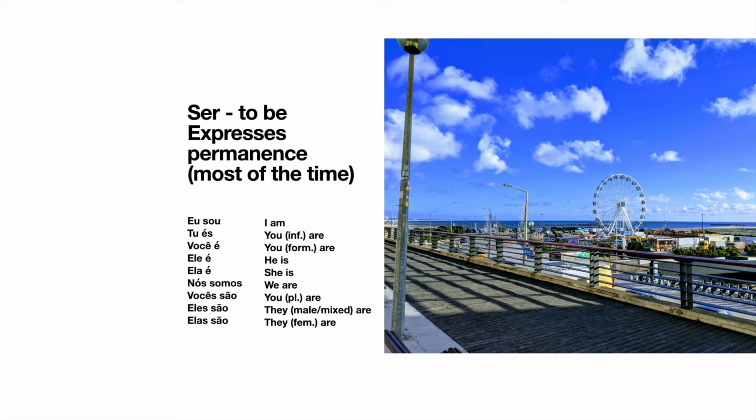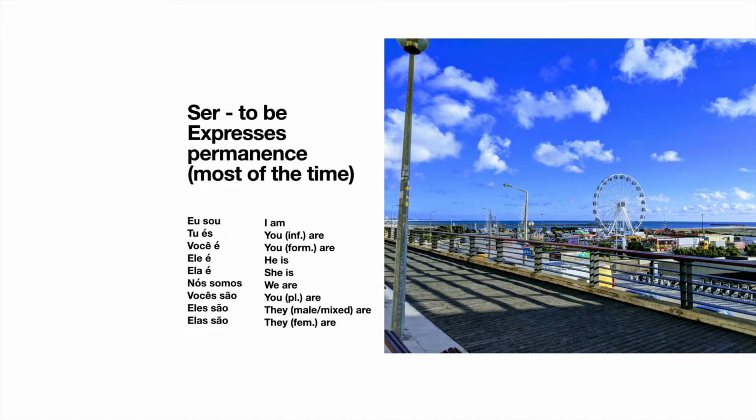So the distinction between eles and elas is typically along gender lines, but like almost every other time you have a mixed group, it's going to take the masculine form. In this case, eles são would refer to a group of all males that you're not a part of, that's over there, third person that you're referring to, or a mixed group, if there are males and females.